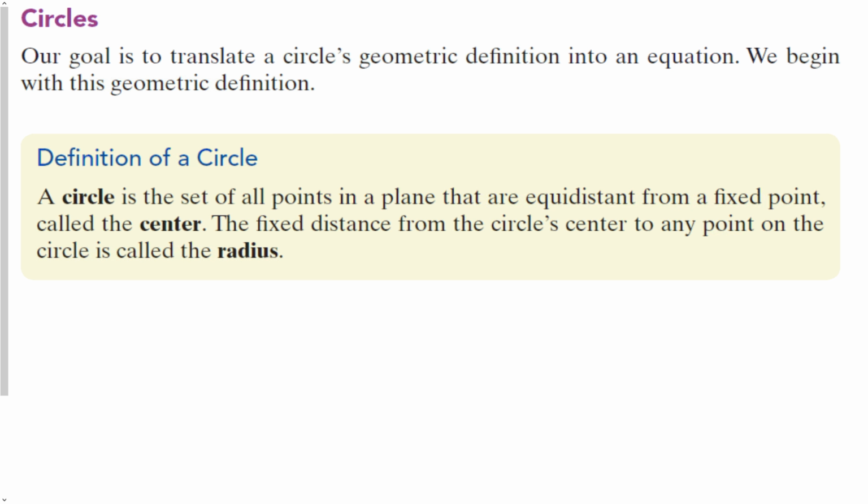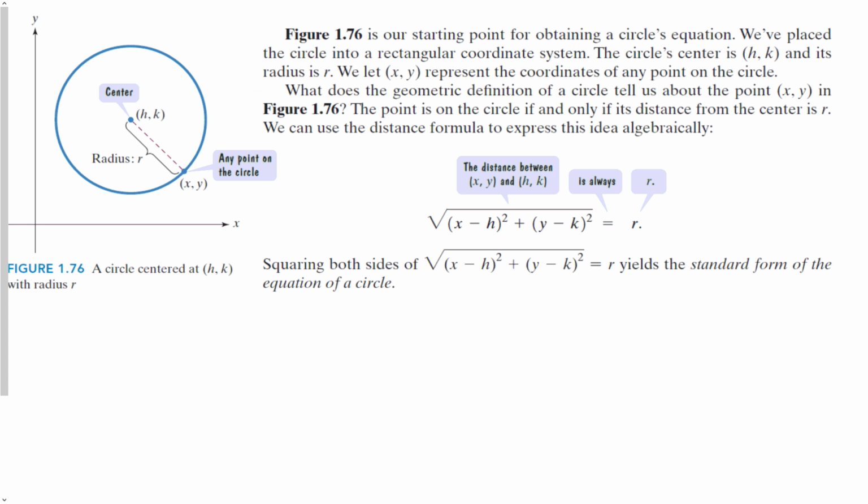So with this in mind, you can draw a little figure and figure out how to get the equation of the circle. So figure 1.76 is our starting point for obtaining a circle's equation. We've placed the circle into a rectangular coordinate system, xy plane. The circle center is right there, h, comma k.